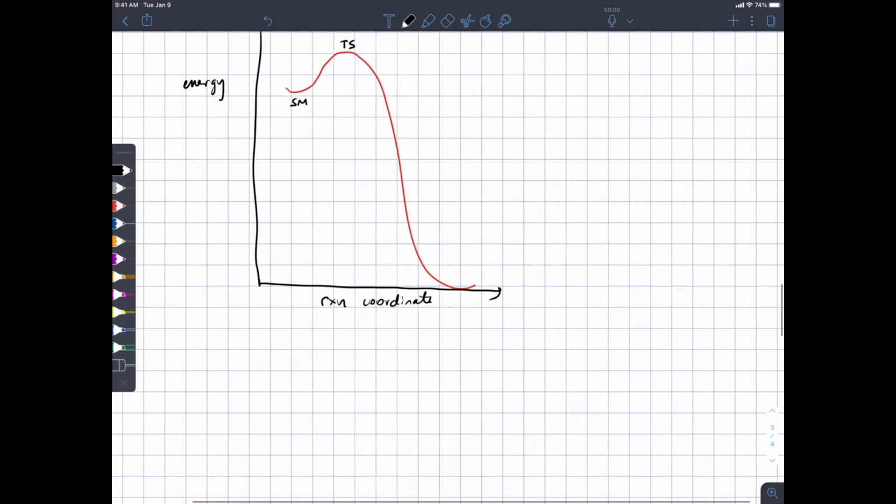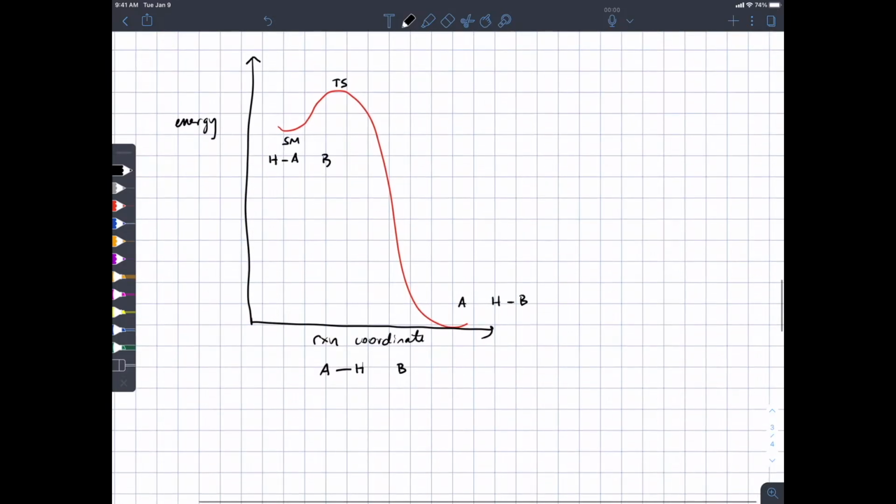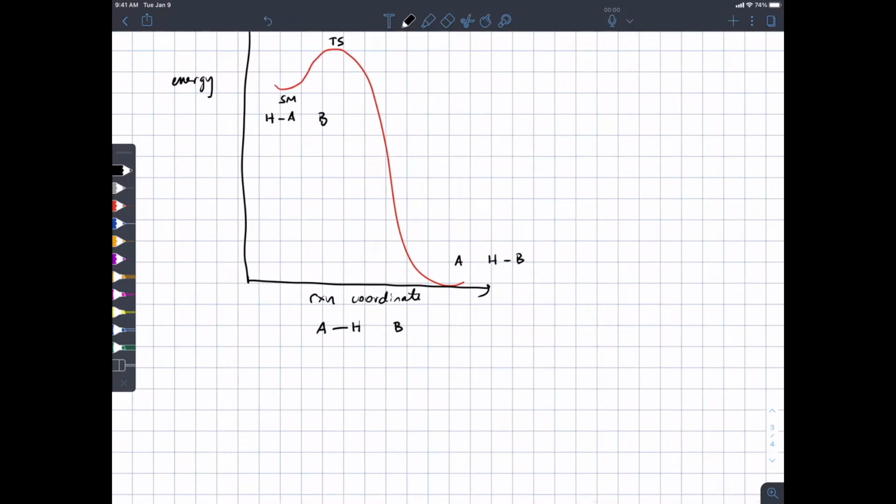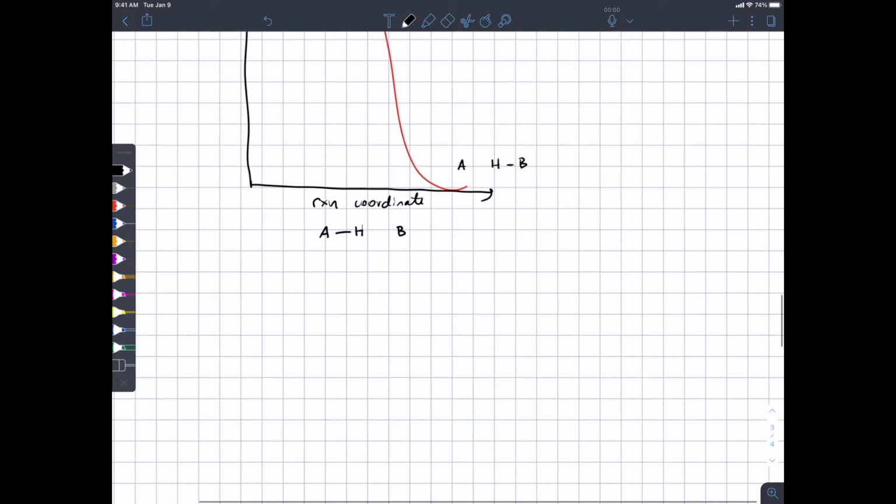As an example, suppose we have a reaction where A is bonded to hydrogen and then B comes in and removes the hydrogen from A. So in the end, we have this. And then the transition state involves some intermediate where the bond is partially broken and the new bond is partially formed.